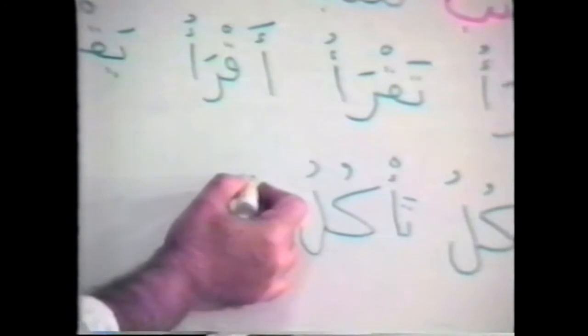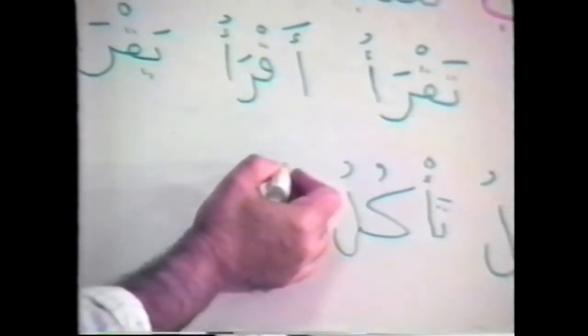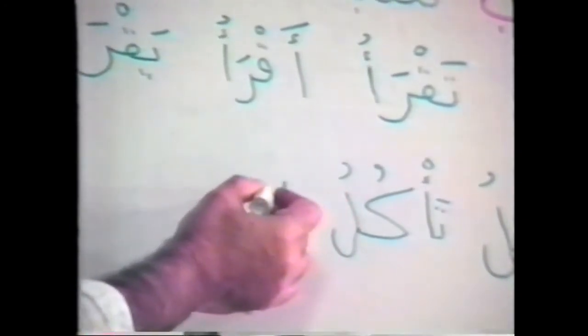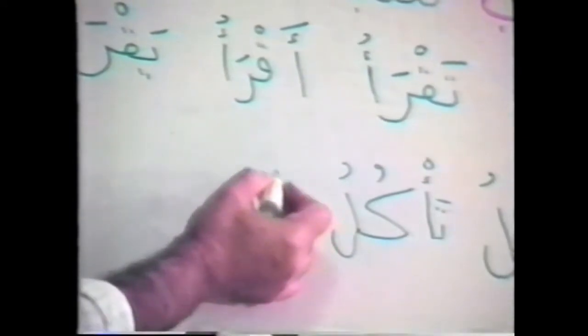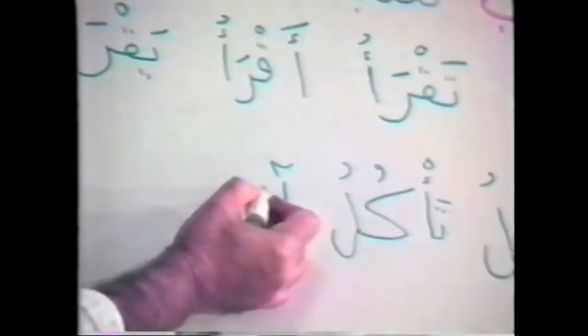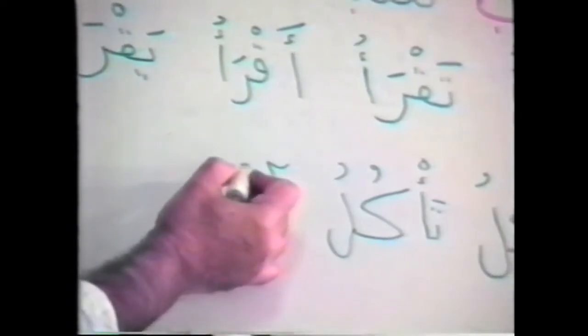I eat would be a'kulu. And because of the accord of two letters, we put a madda here, which makes it akulu. I eat. Now, they eat would be ya'kulun.